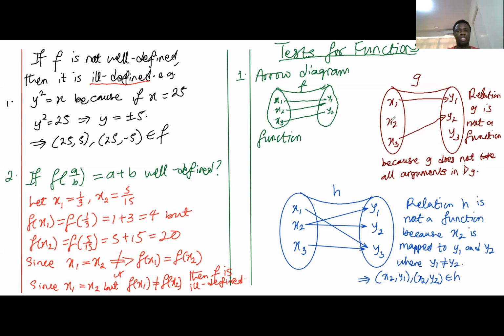It means X2 has no image. And every point, every argument, by argument I mean the x values. Okay, argument means the x values. So arguments are x values. So take note of that.